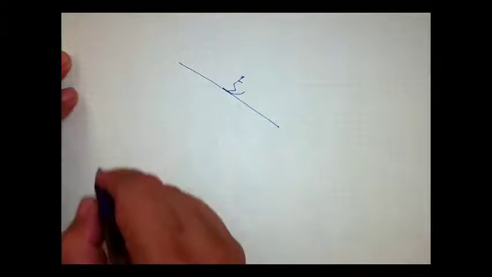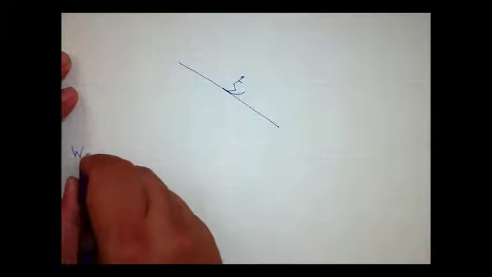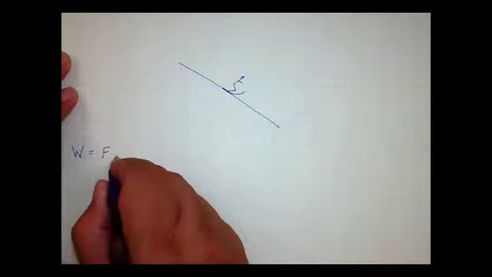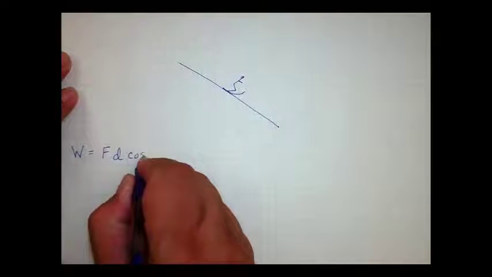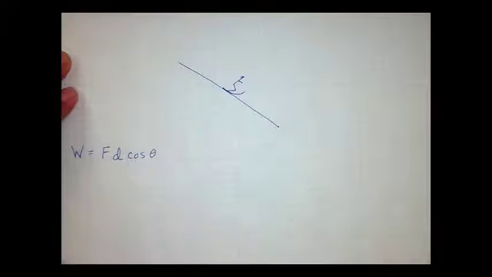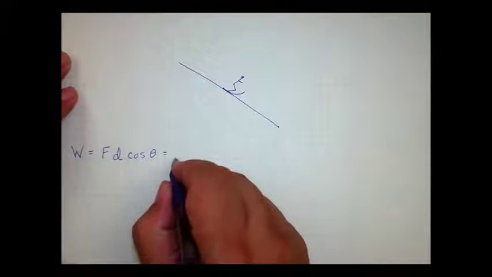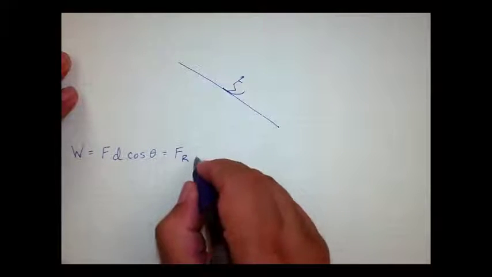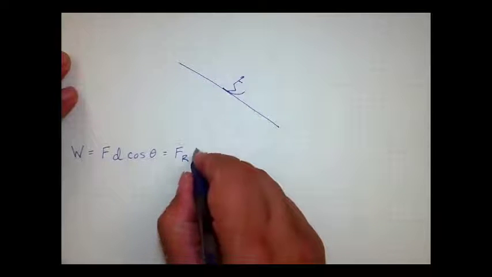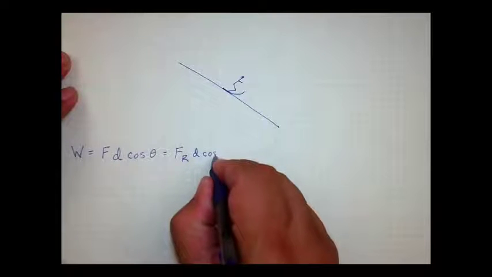Now, since the formula for work is work equals force times distance times the cosine of the angle between them, in that case, that's going to be the friction force, because the friction force is what's doing the work here, times the length of the slope d, times the cosine of the angle between them.